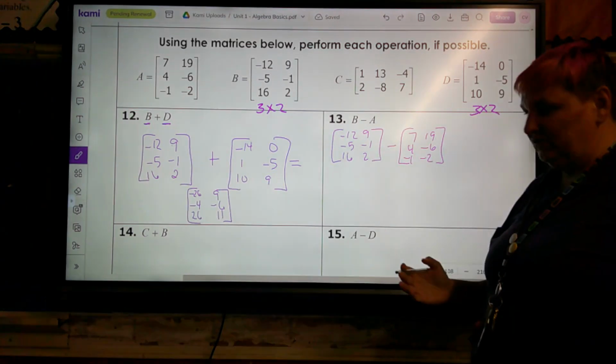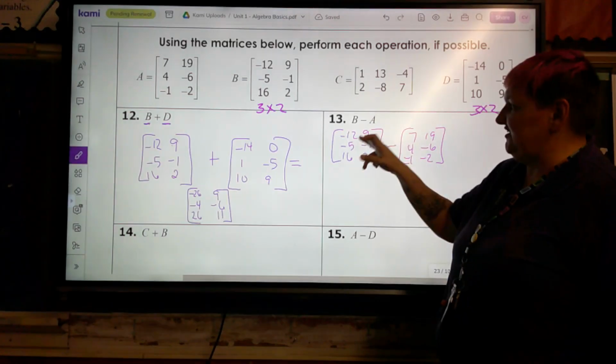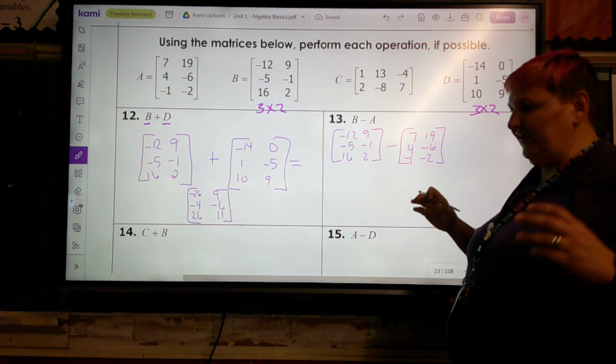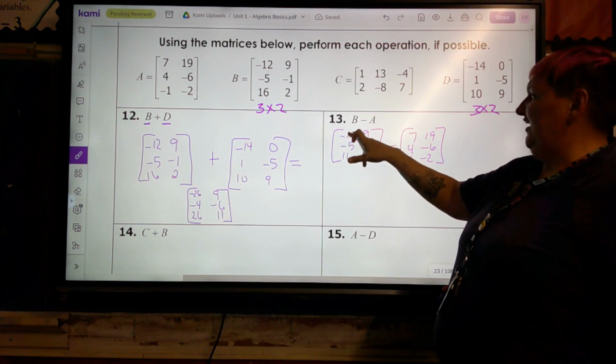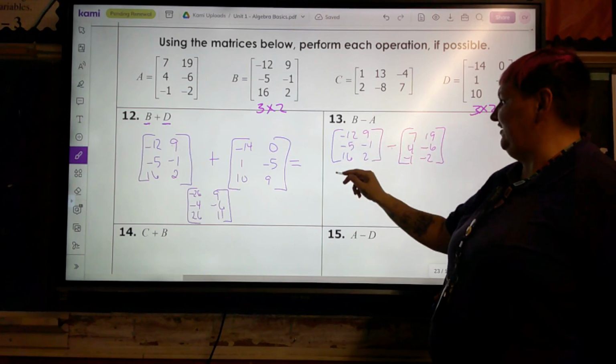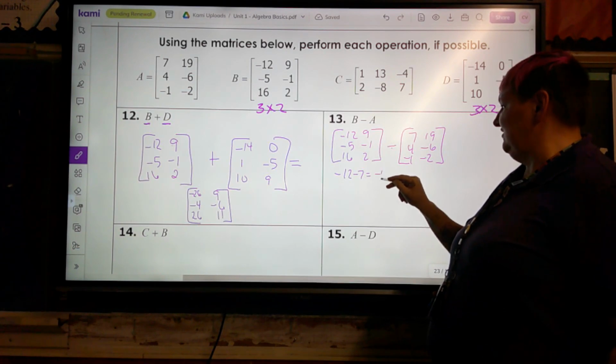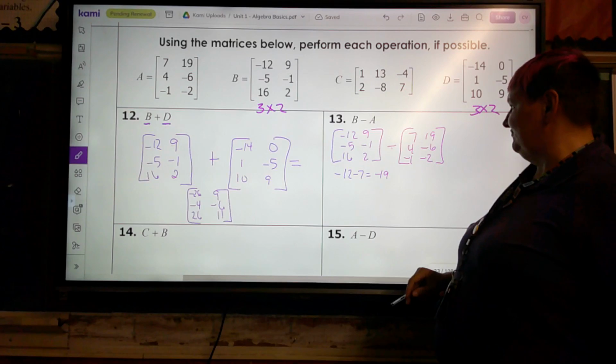Now, be careful, because there are negatives here, here, and here. You have to visualize the whole thing. So we're going to do negative 12 minus 7. Negative 12 minus 7 is going to be negative 19.